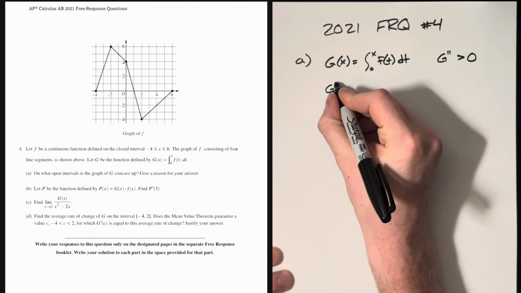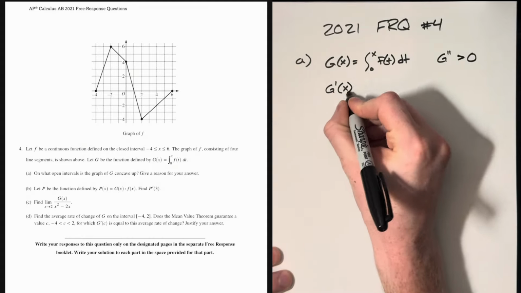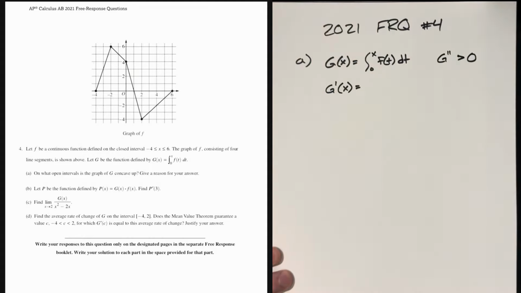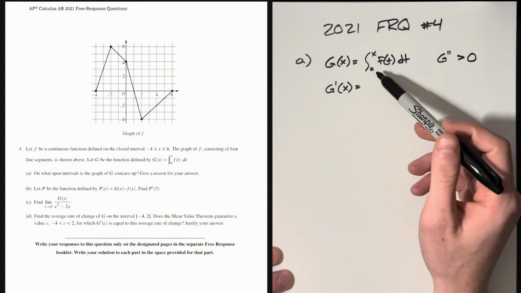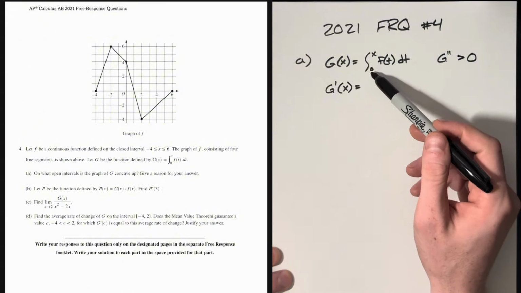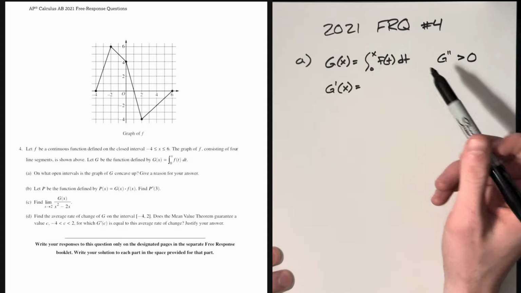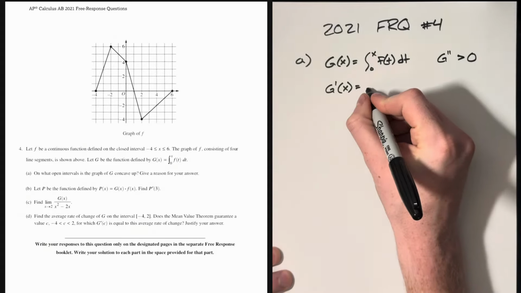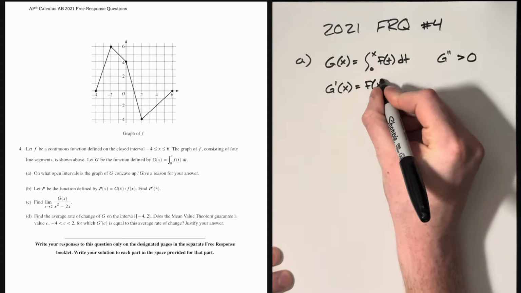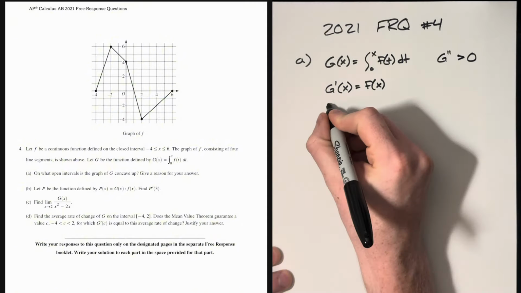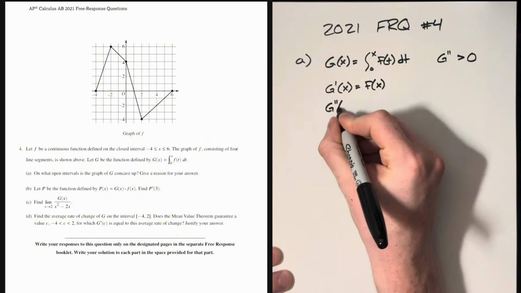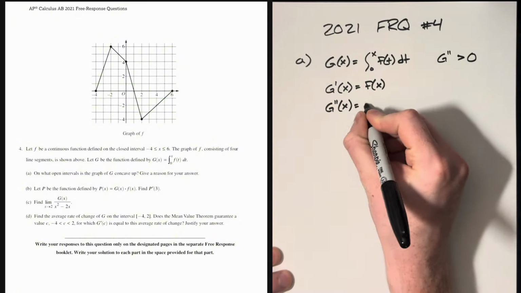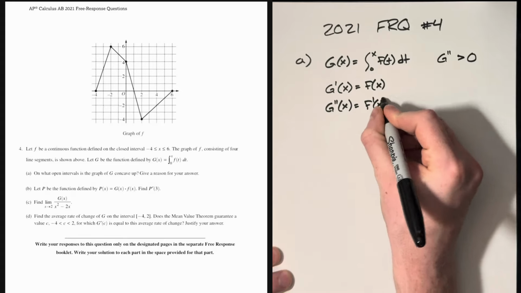For our first derivative of g, we can use the second fundamental theorem of calculus, which says if I'm taking the derivative of the integral from some constant to x of f of t dt, this derivative is just f of x. So when I take my second derivative, I just get f prime of x.